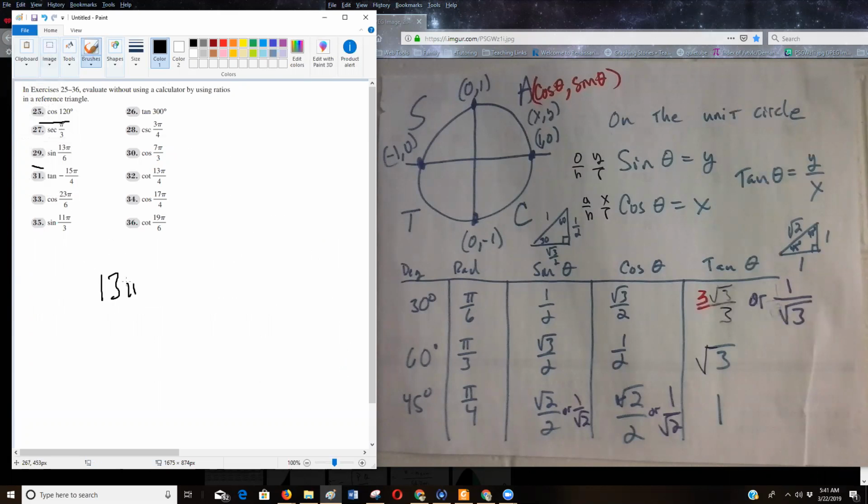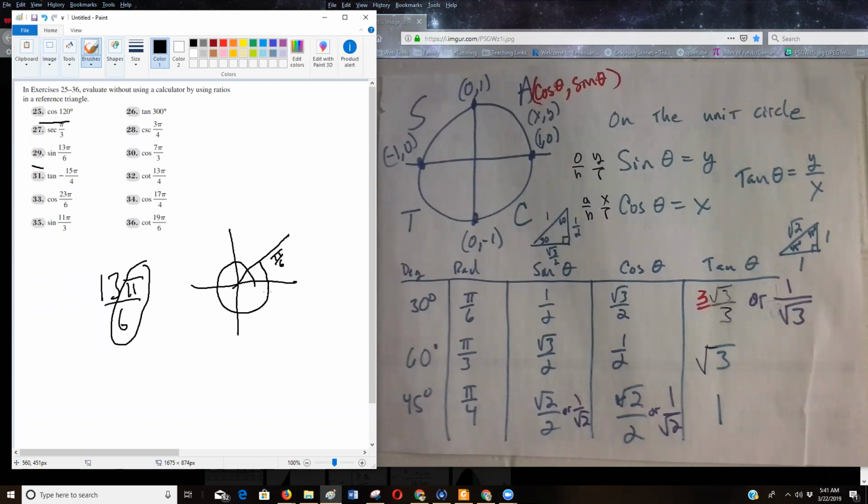To evaluate 13 pi over 6, I know the reference angle will be pi over 6. Why does that work? Well, I know that this is 2 pi. I also know that it's 12 pi over 6. So if I go 1/6 of pi more, I'm right there. And sure enough, there's my reference angle, pi over 6.